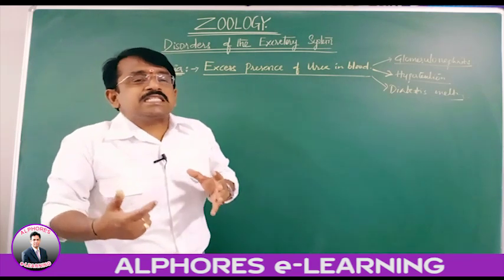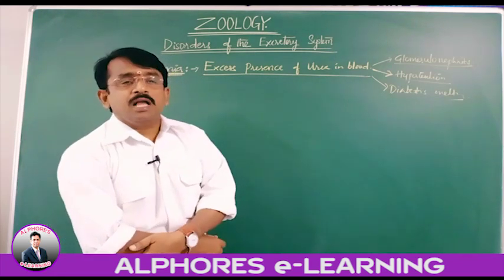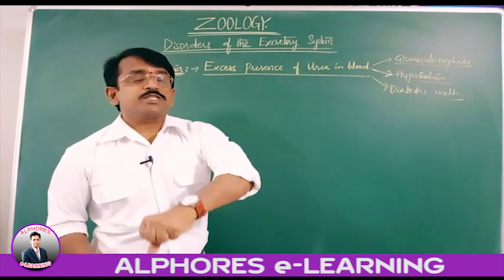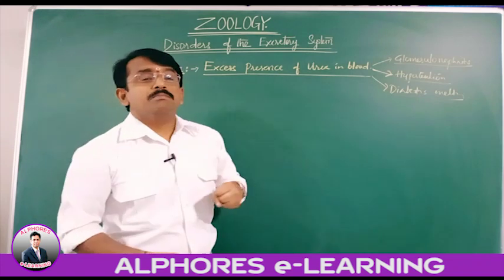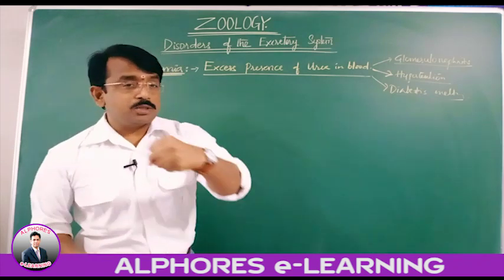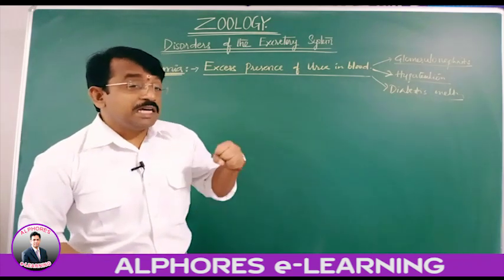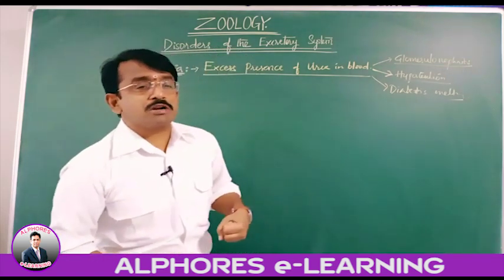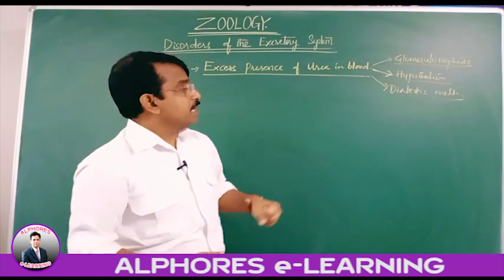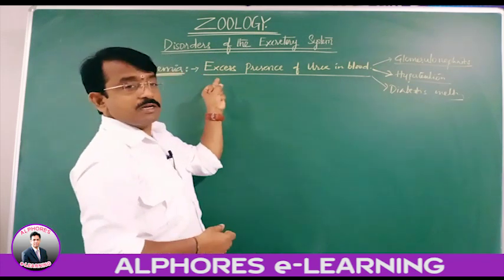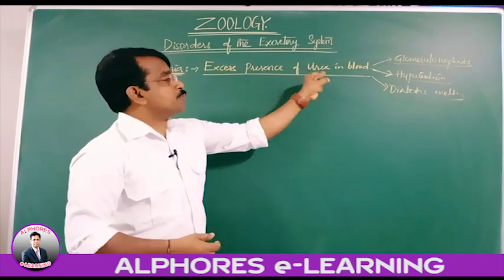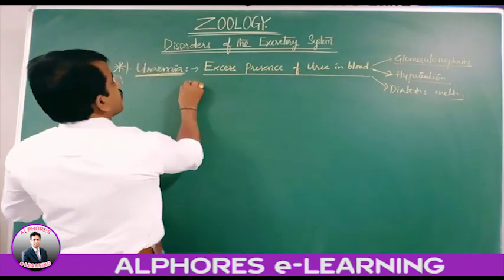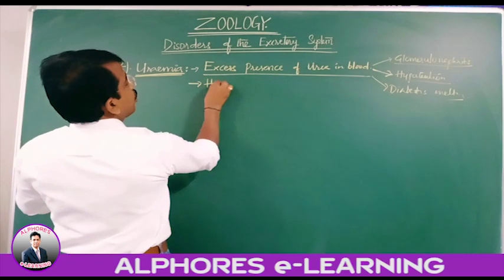It means it is not filtering the blood and releasing the nitrogenous waste and fluids into the Bowman's capsule and into the renal tubule. That is where it fails. That is the impairing of the function of the kidneys, which results in excess presence of urea in blood, and this can be rectified by hemodialysis.